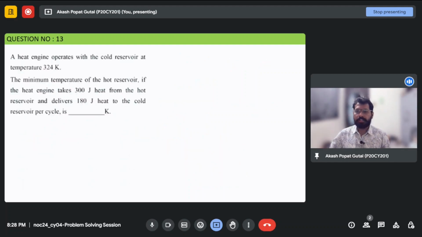Fine. And the 13th question is: a heat engine operates with the cold reservoir at temperature 324 Kelvin. The minimum temperature of the hot reservoir, if the heat engine takes 300 joule heat from the hot reservoir and delivers 180 joule heat to the cold reservoir per cycle, is dash Kelvin. So we will take out the given things.